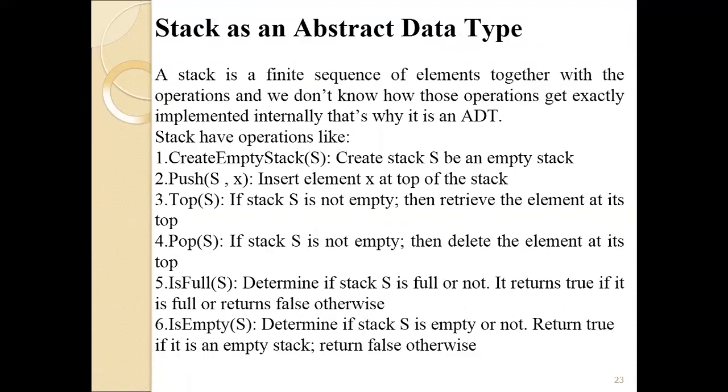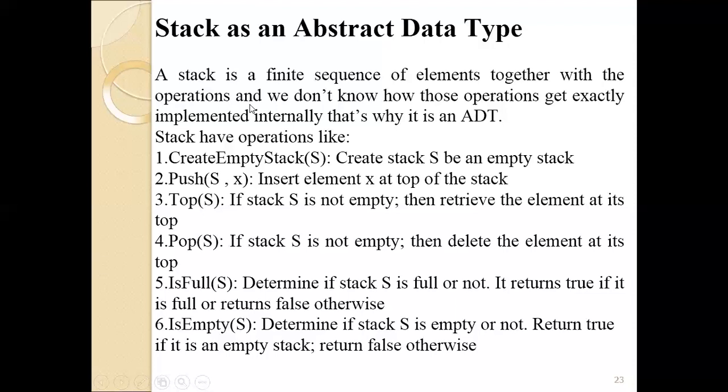And the last concept is stack as an ADT. Already we have seen the concept of abstract data type. Now see, stack is also one type of abstract data type. Why? Because stack is the combination of a number of elements with a number of operations.